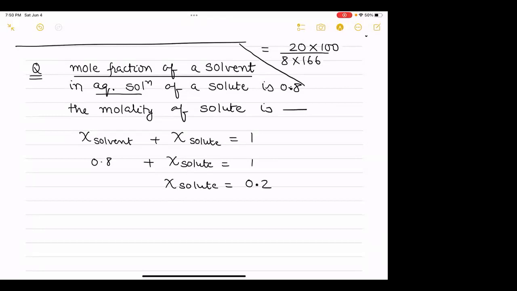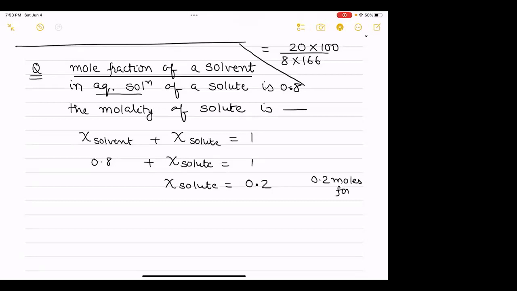So the mole fraction of the solute is 0.2. Fraction means out of 1. So solute out of 1 total mole, 0.2 moles will belong to the solute.